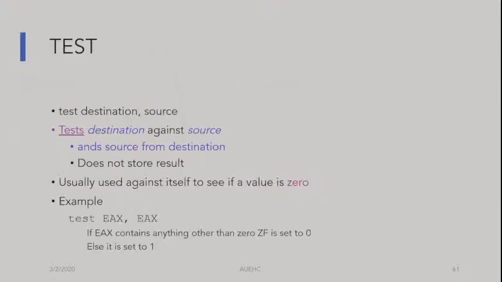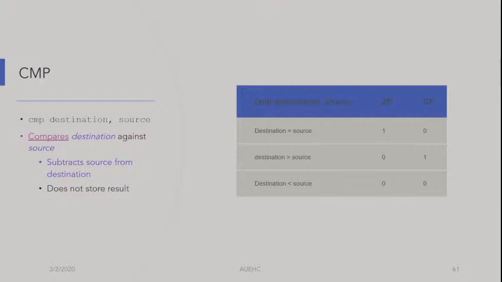So test, what does this do in comparison to compare? What's the difference between these? It ANDs, right? So testing EAX against EAX, what is that going to do? What in effect does that do? Flags.